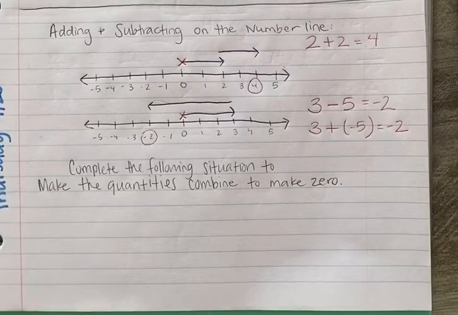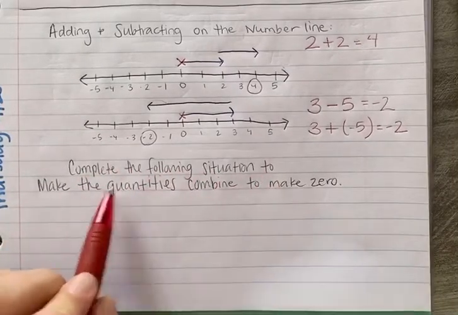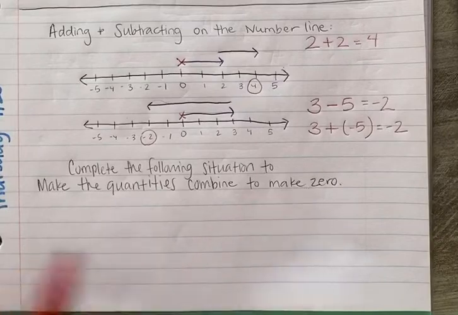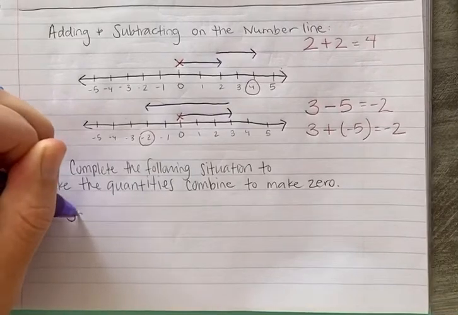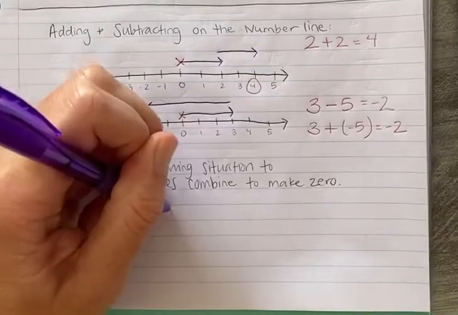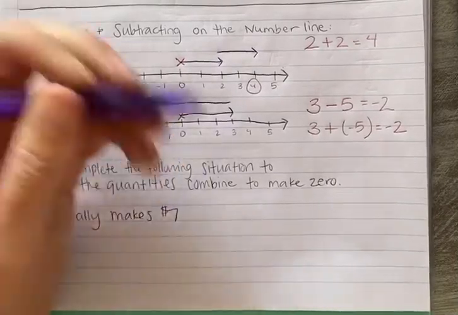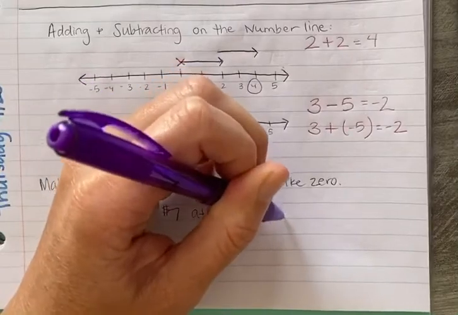All right, the second part of today's activity is to complete the following situation to make the quantities combine to make 0. So let's say we have a situation where Sally makes $7 at the lemonade stand.